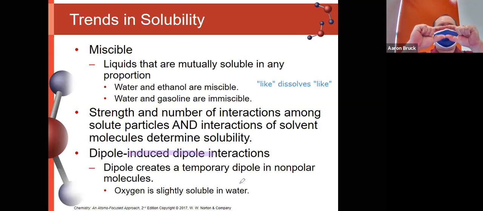Water actually causes it to slightly bend in its structure. And in that little bit of bending, we create a slightly positive area and a slightly negative area. And that allows oxygen to dissolve slightly in water, which is a good thing because that means that we have dissolved oxygen in water, and that allows things like fish to breathe and other things to live underwater.